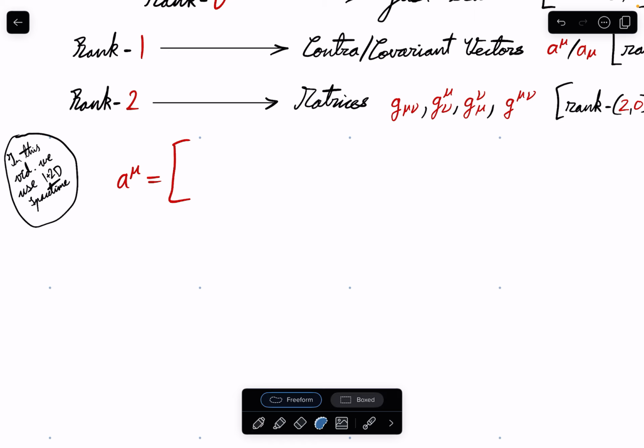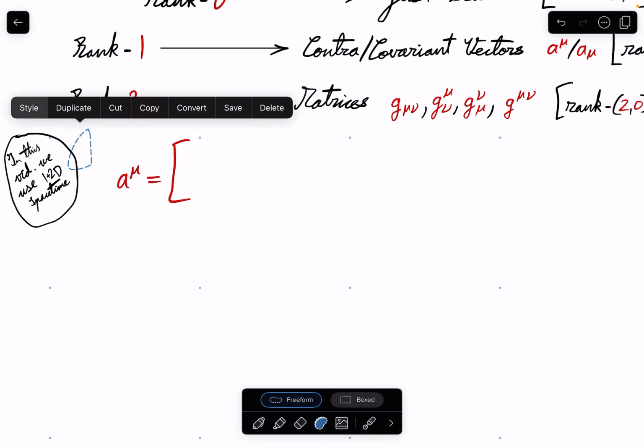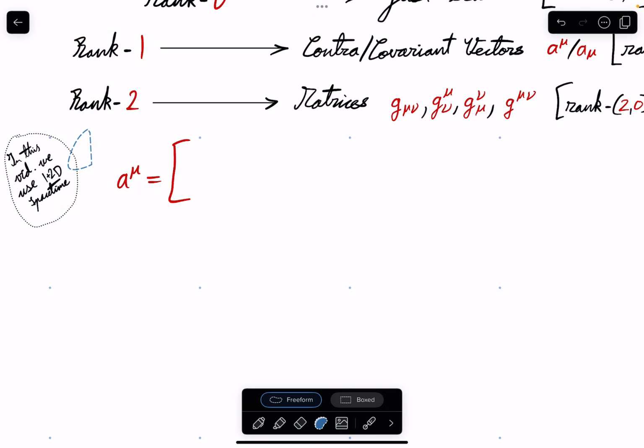Just gonna put that there. So there's the first component, the second component, and the third component. And this is how a contravariant vector is defined. It's just a column vector.